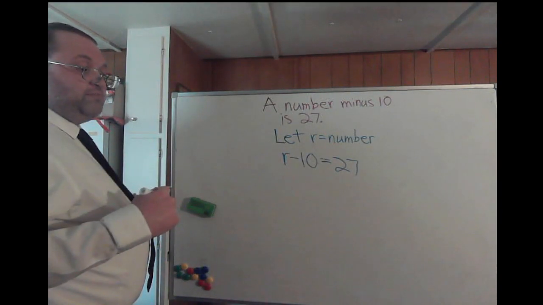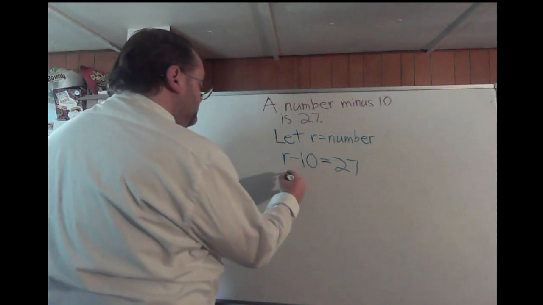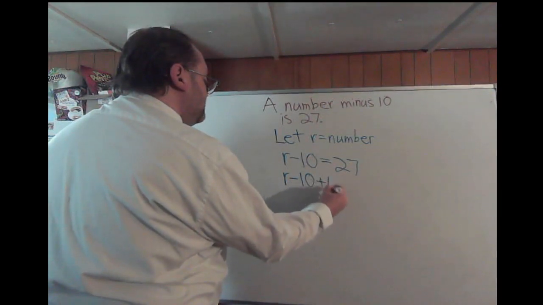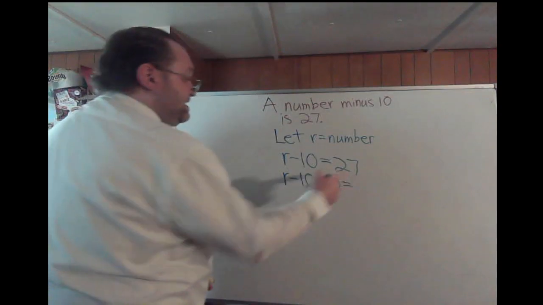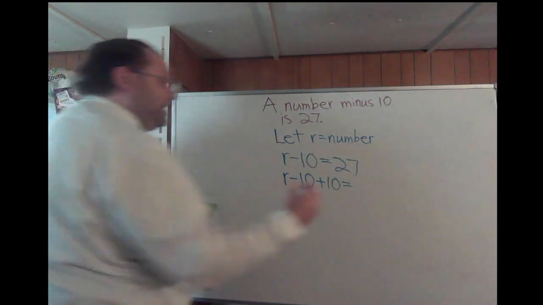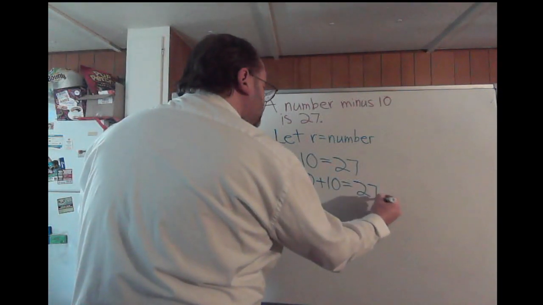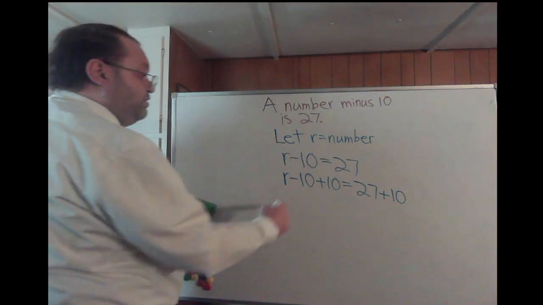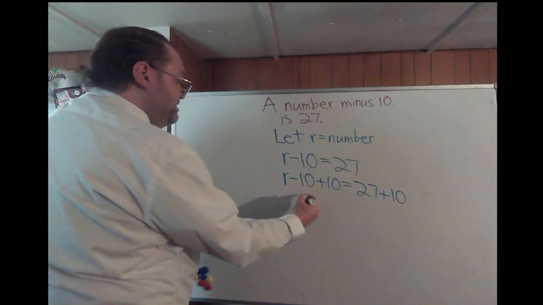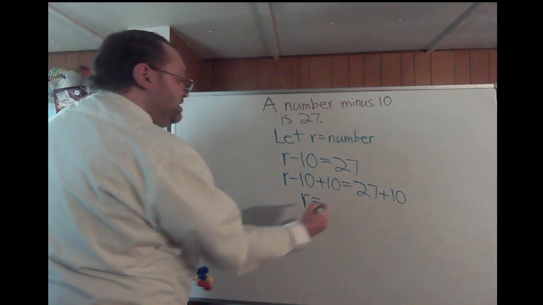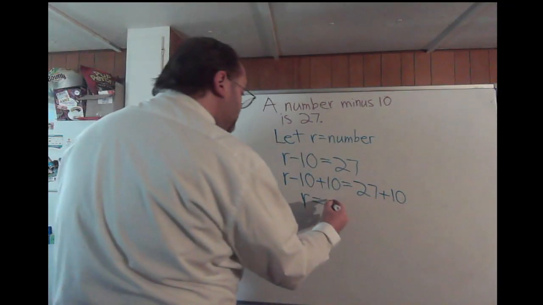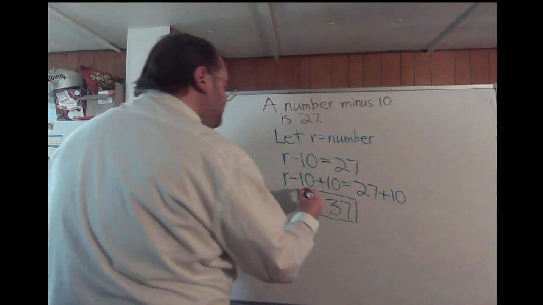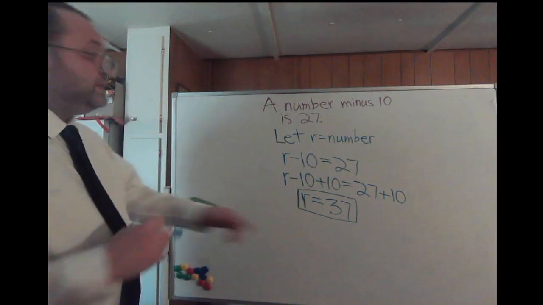In order to get rid of that minus 10, we need to add 10. So we'll have r minus 10 plus 10, but we're going to have to add 10 to the right side, because what you do to one side, you got to do to the other. So we'll have 27 plus 10 on the right hand side. Well, when you have r minus 10 plus 10, you just get r by itself. 27 plus 10, well, that's going to be 37. So that number is 37.